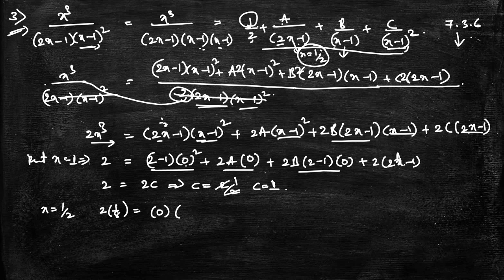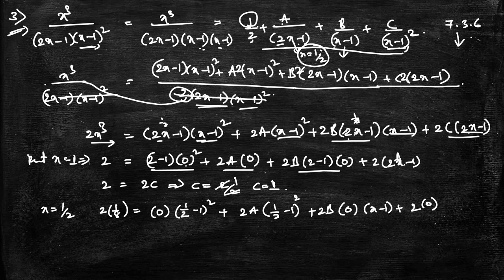So the 0 will remain here. In the X place I am writing 1 by 2 here, minus 1 whole square, plus 2a into 1 by 2 minus 1 whole square here, plus 2b into, so in this place also if I take 1 by 2, the 2 and 2 will cancel, it will become 0 into x minus 1, plus 2 into, this is also 0 here.